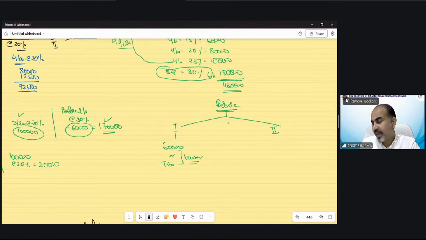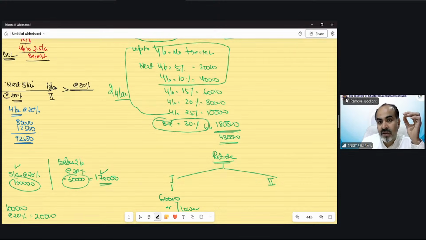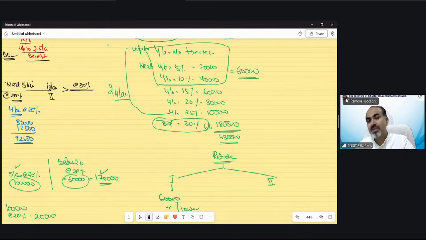So you will see in case of the default tax regime, if your income is up to 12 lakh rupees, your tax would be 60,000.